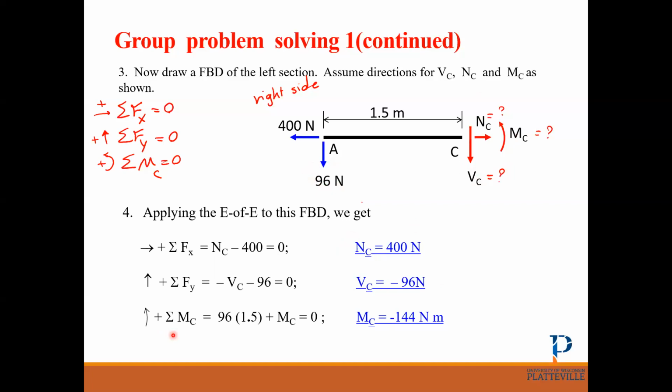For the moment, usually we take the moment about where we cut. Okay, so sum of the moment about C equals 0 is 96 multiplied by the distance, which is 1.5. Mc is a concentrated moment.